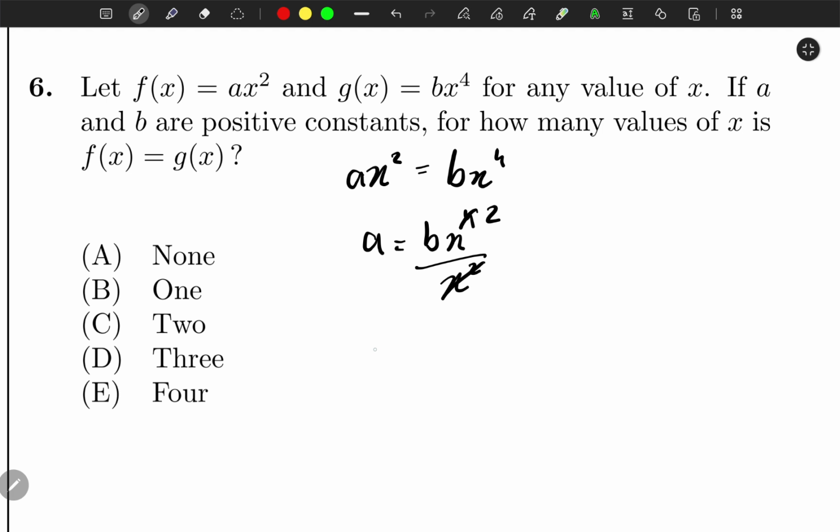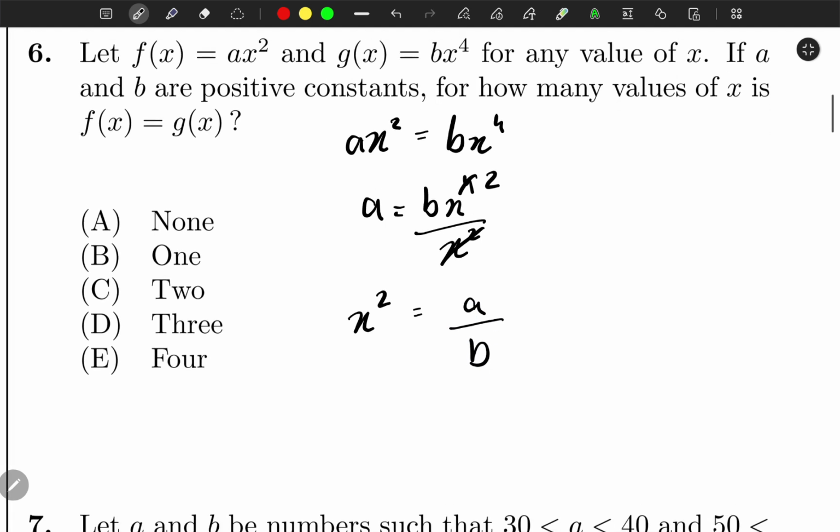And what we can then do is write x squared is equal to a over b, and then you can take a square root. That's going to give us the square root of a over b. Because we took a square root ourselves, we're going to have plus minus, right? So these are going to give us two values of x. That makes sense.